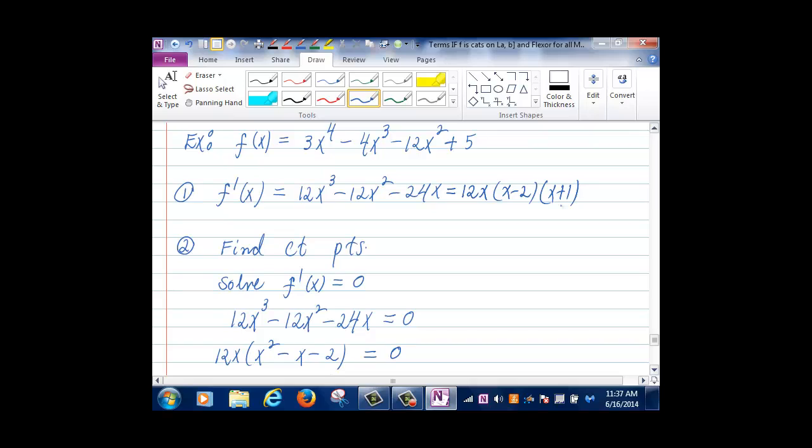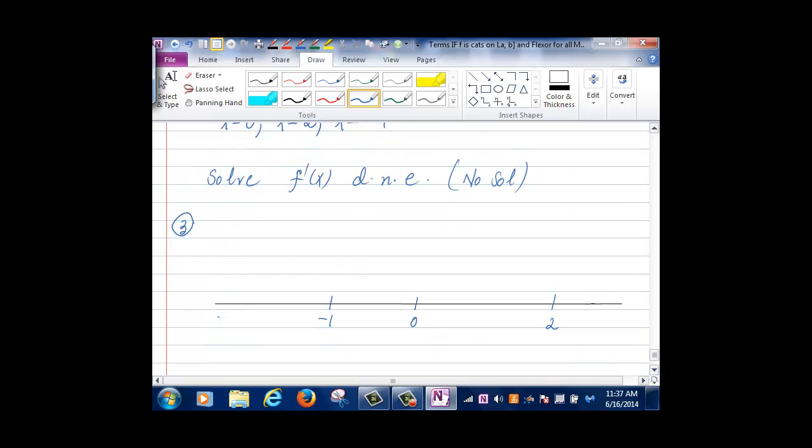When x is less than -1, this factor is negative, and 3 negatives make it negative. So I know that the derivative is negative here.